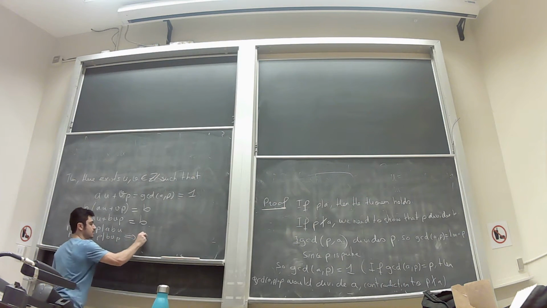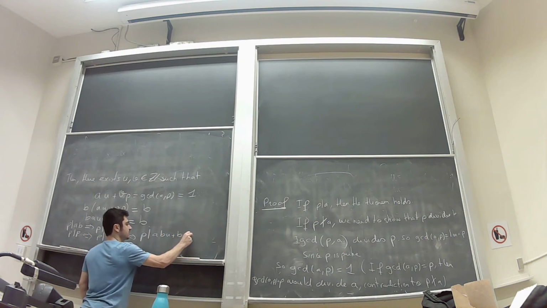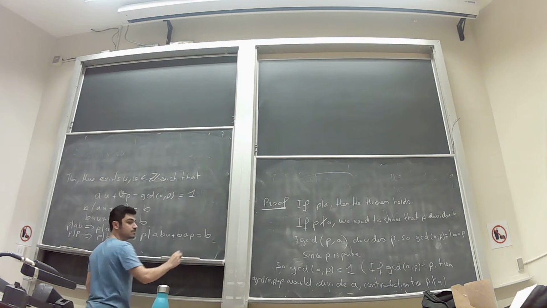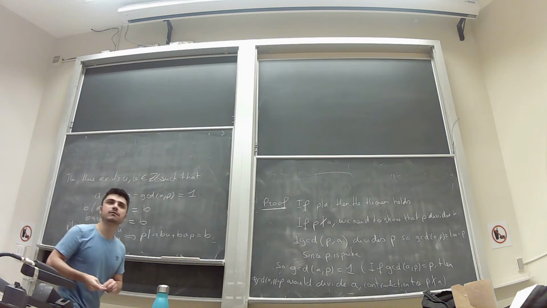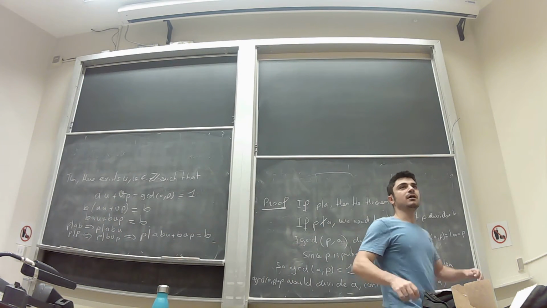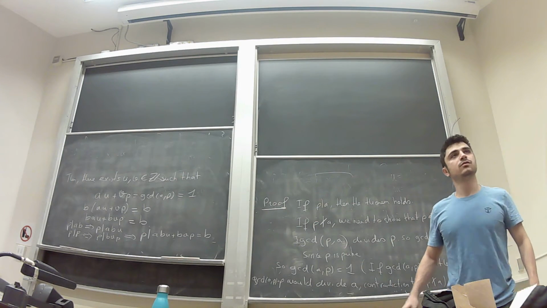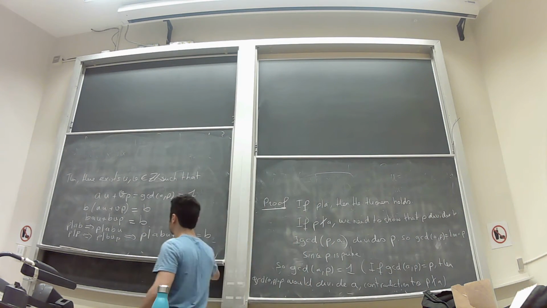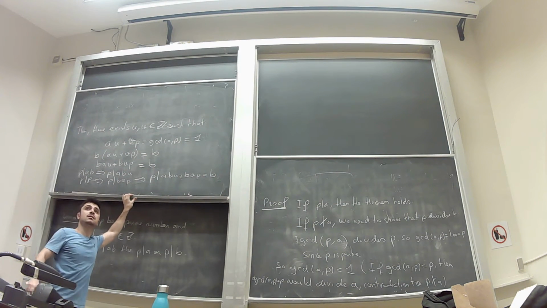And this implies that P divides ABU plus BVP, which is equal to B. This argument is very important. Arguments like that are very, very important, and they're going to follow us until the end of the course. Okay? Is it clear? Yes, sir.